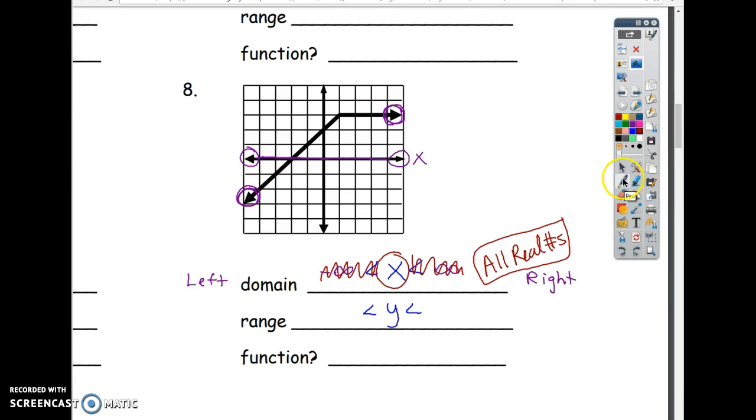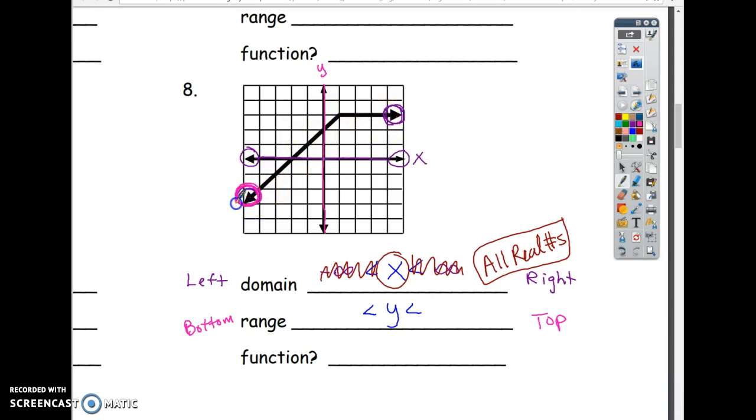So now when I'm looking at the range, now I'm talking about the y. So I'm going to change colors. I'm talking about right here the y. The lowest point, so from the bottom to the top. Where does it stop at the bottom? Does this function ever stop at the bottom?